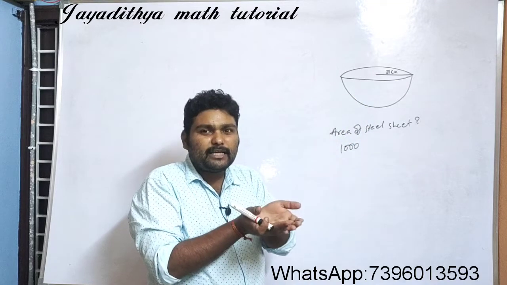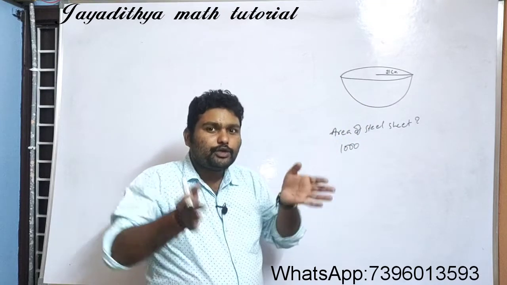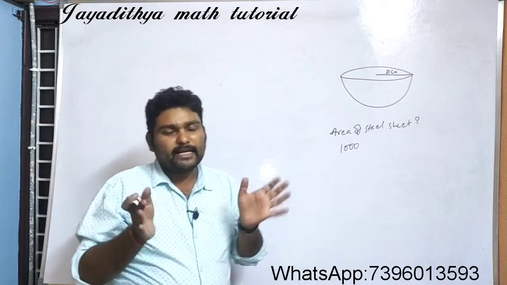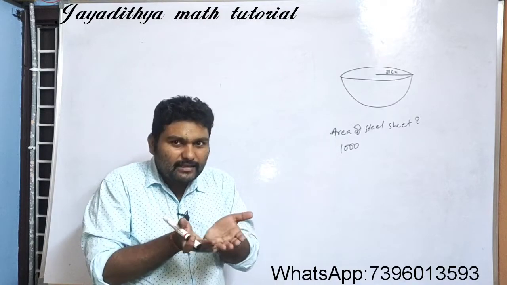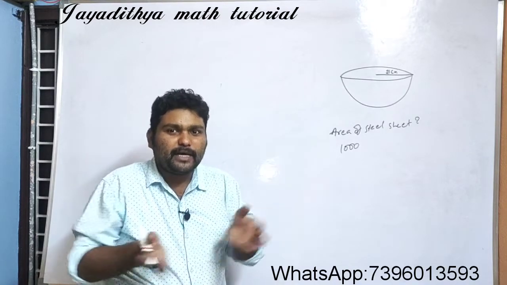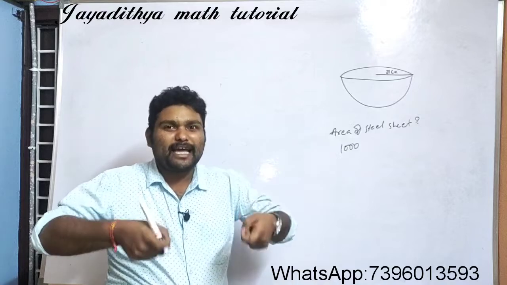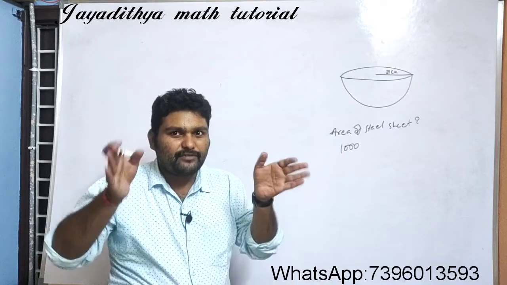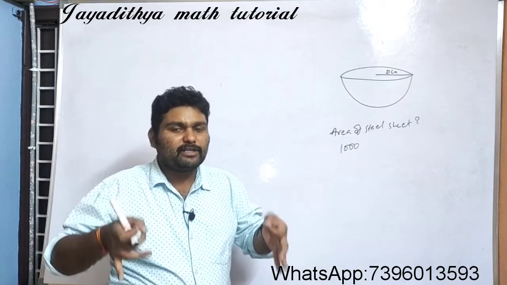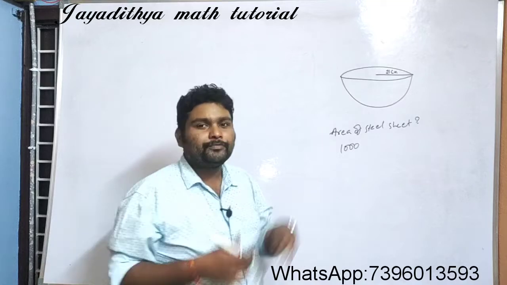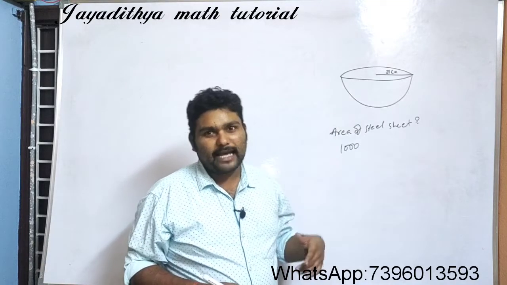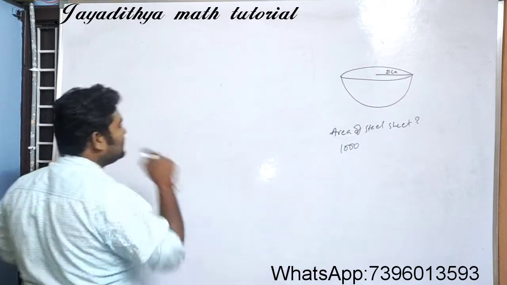So see here, with the steel sheet you need to make a hemispherical basin. That means the lateral surface area of the hemisphere must be equals to the area of the steel sheet, right? Lateral surface area of the hemispherical basin must be equals to the area of the sheet. So here you need 1000 such sheets. So what will be the answer now?